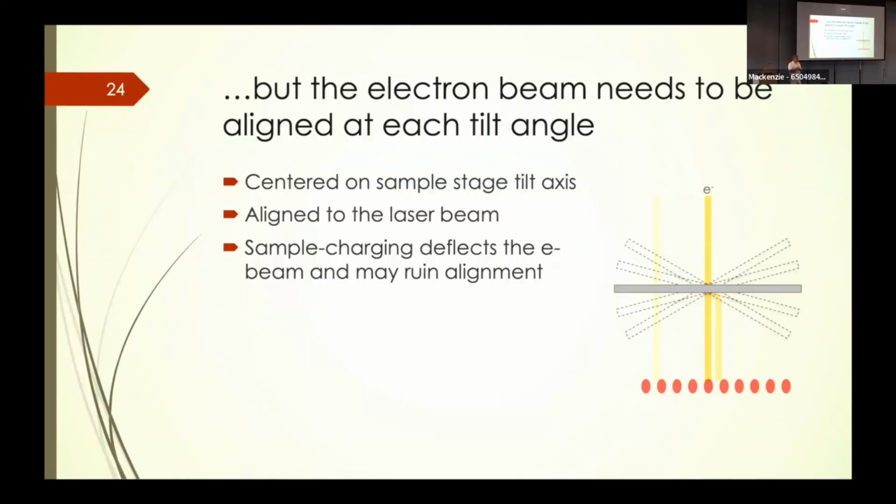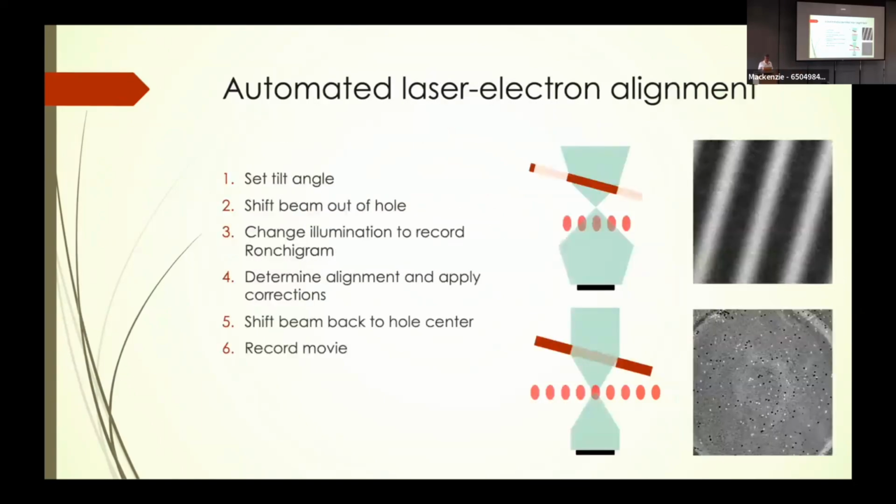But in the faceplate microscope, you have the additional condition that the electron beam needs to intersect with the laser beam. And so a small electron beam deflection that might be harmless in a standard microscope could make phase contrast unworkable here. And so we tried to make that happen.